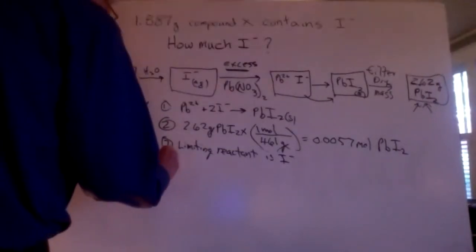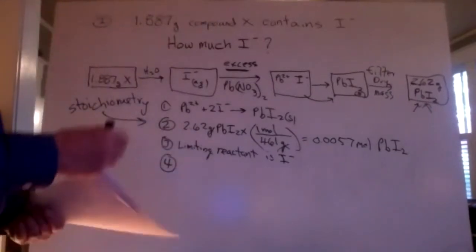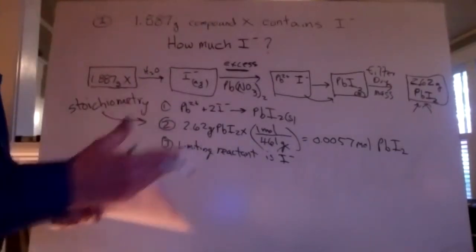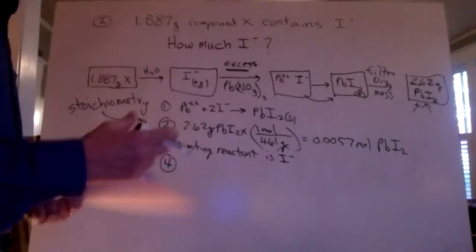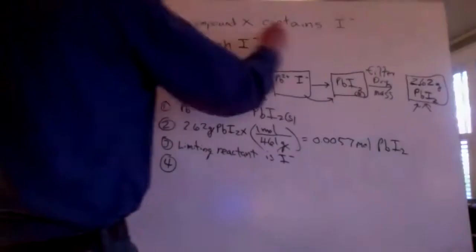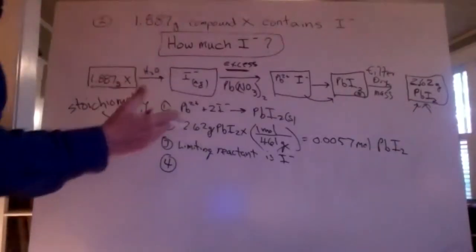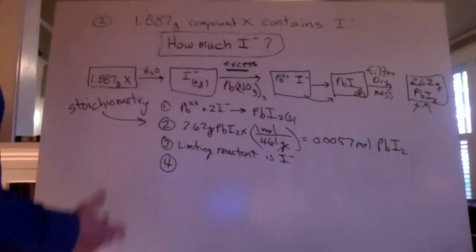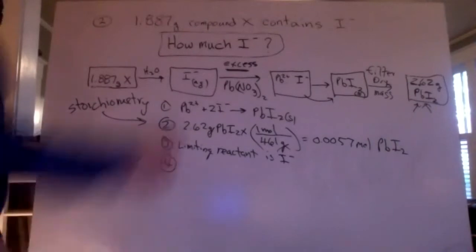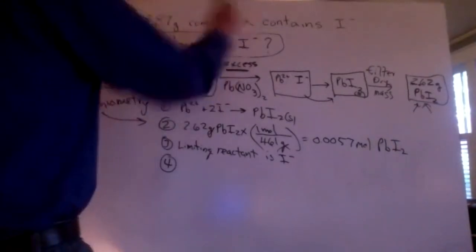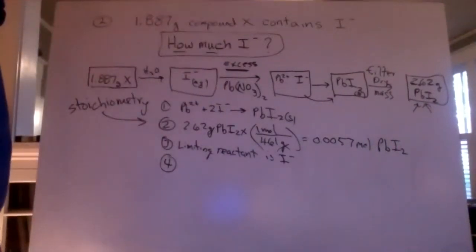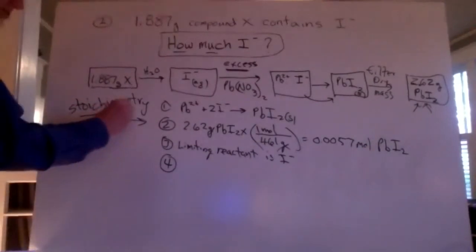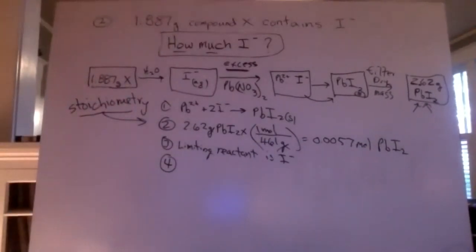Step 4 now is to determine how many moles of iodide ion we have, because that's what we're trying to answer here: how much iodide ion is in that compound X? I hope I said that at the beginning. That's the whole objective. It's a how much problem, and how much problems are stoichiometric problems.